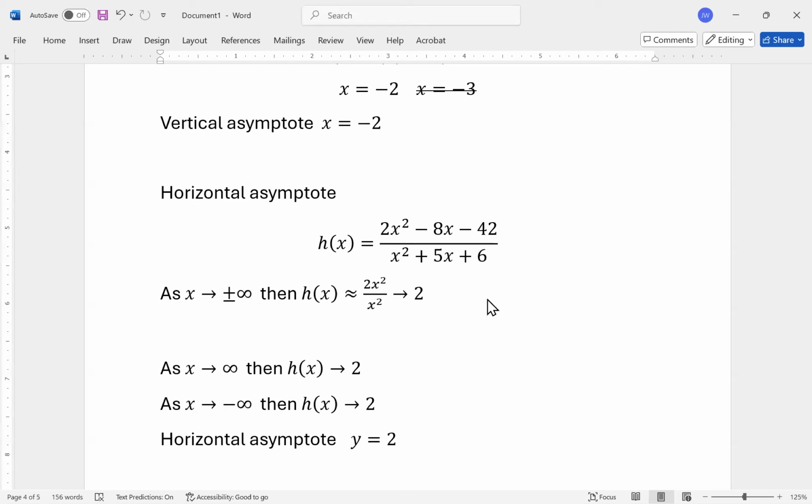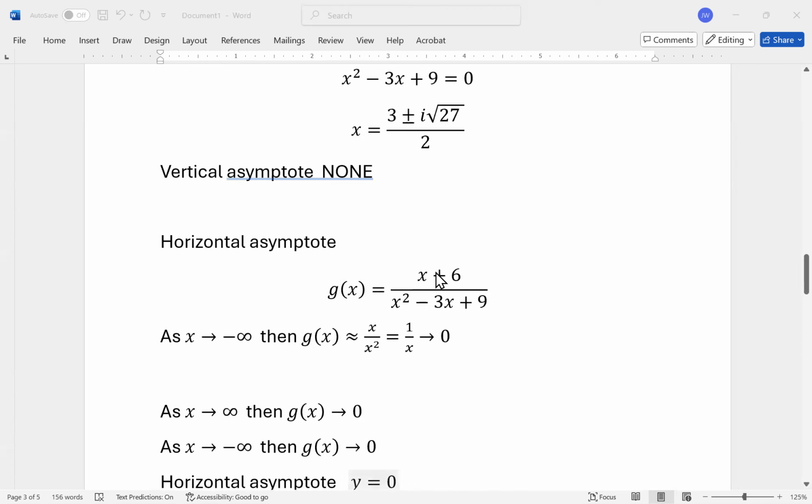Now, for a moment, let's talk about these horizontal asymptotes that we've found in our 4 examples. Notice that in this last example, the degree of the polynomial on top and the degree of the polynomial on bottom matched up. And we ended up with a horizontal asymptote of the real number 2, which was just my leading coefficient divided by my leading coefficient.